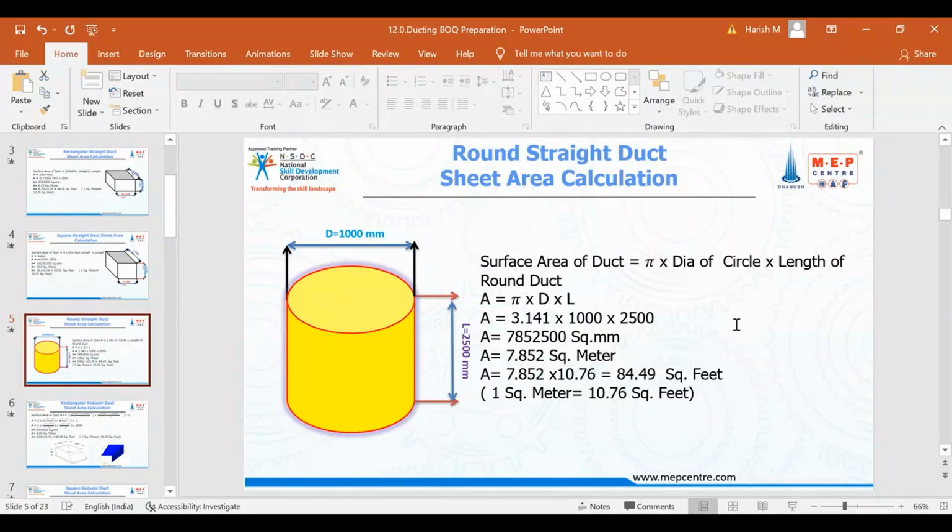We calculate the same way and get 84.49 square feet. Is it clear till now how we calculate straight duct surface areas? It's nothing but perimeter into length.